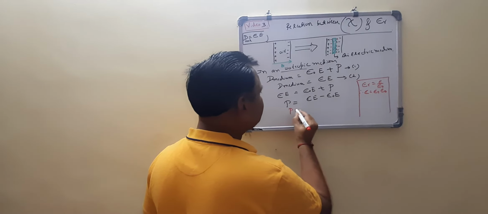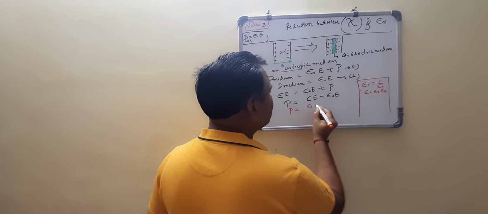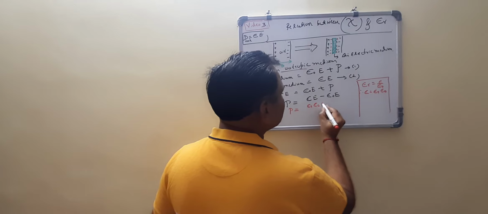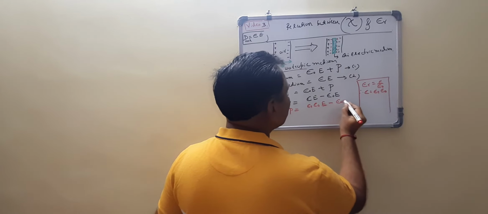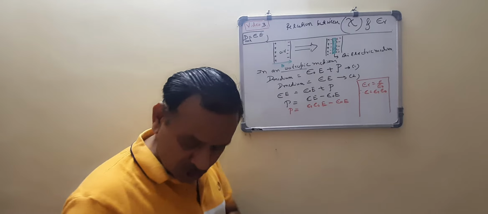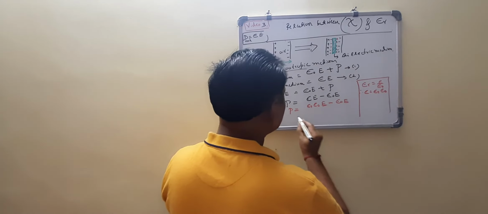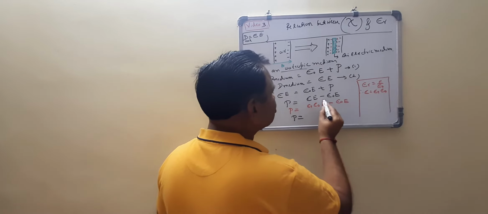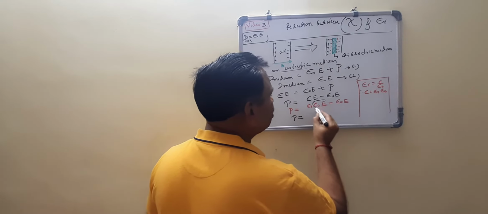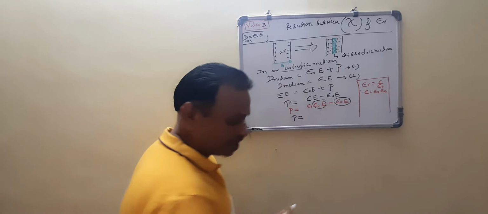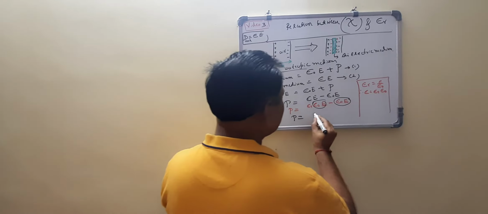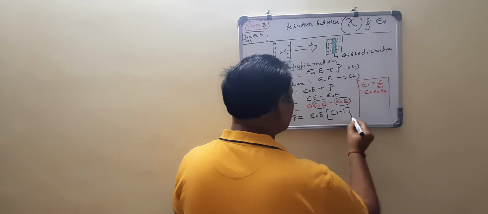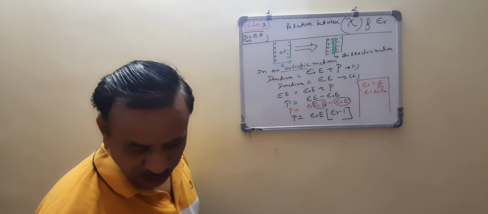Substitute this: P equals epsilon r into epsilon naught into E minus epsilon naught into E. The common factor is epsilon naught into E. So P equals epsilon naught into E into (epsilon r minus 1).